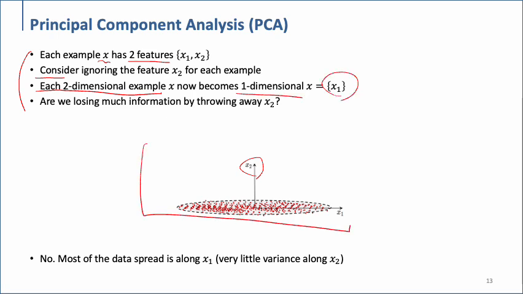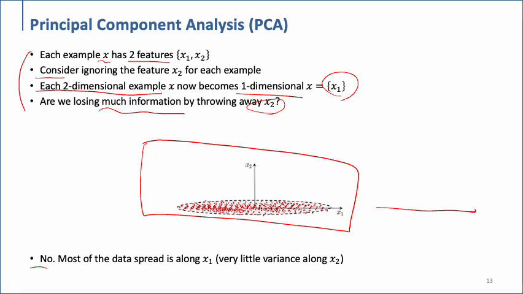Then when you see this plot, can you say that we are losing much information by throwing away x2? The answer is no, right? Here, when we remove the information of x2, these data will become like this, only located on the x1 axis.